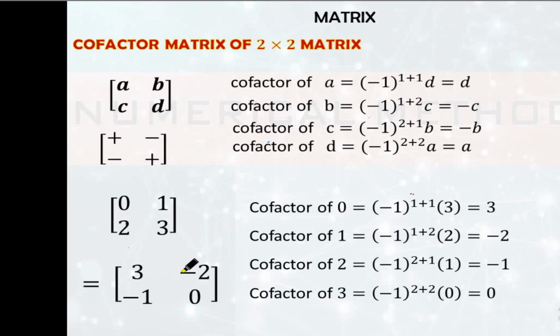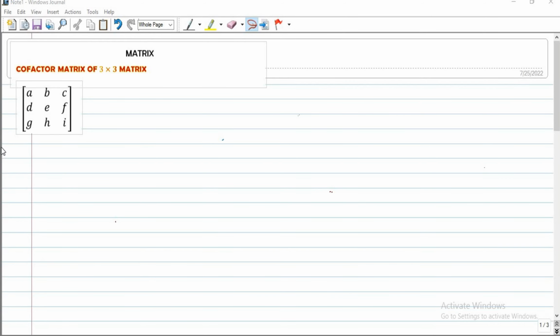Diba, if I'm going to get the sign convention for a 2 by 2, is plus, minus, minus, plus. Pansinin niyo yung makuha nating value. Plus, minus, plus, minus, and plus.